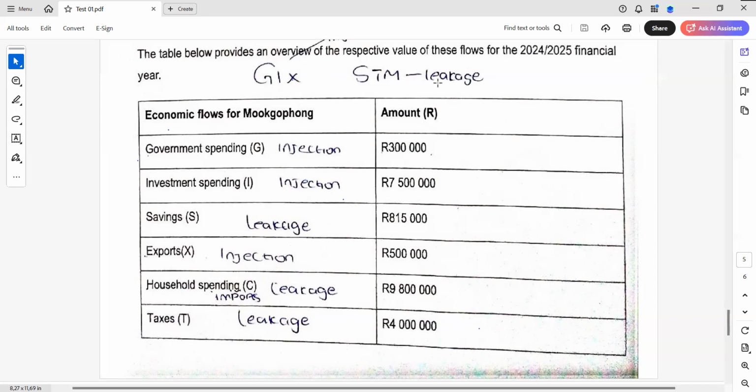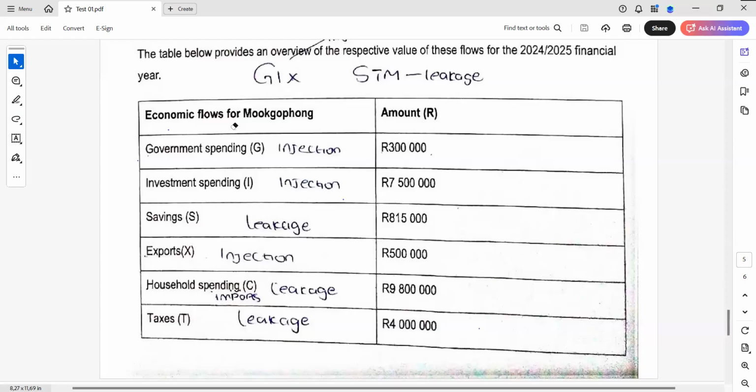So it's a leakage in the economy. Now government expenditure is an injection, investment is an injection, savings, there's your S, is a leakage, exports are an injection, household spending is an injection. Household spending, guys, is an injection.